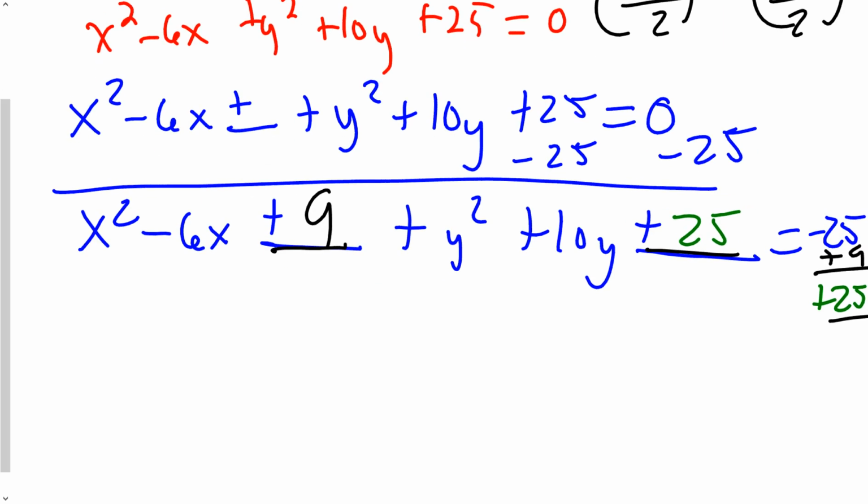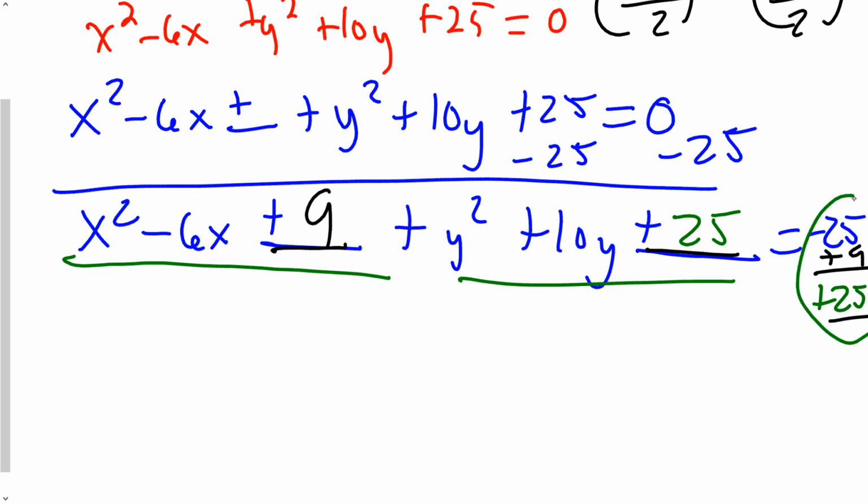and I'm going to factor this quadratic of the x and this of the y, and then simplify the right side. So the right side is 9, because negative 25 and 25 cancel out. I factor this, which is nice, right, because it's a perfect square trinomial.